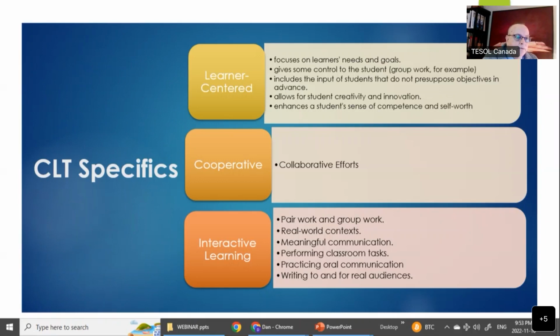It is a cooperative approach. The collaborative efforts are very important. Collaboration between the students and collaboration between students and teachers. It is interactive learning. The pair work and group work, the real world contexts, the meaningful communication, the performing classroom tasks, practicing oral communication, and writing to and for real audiences.